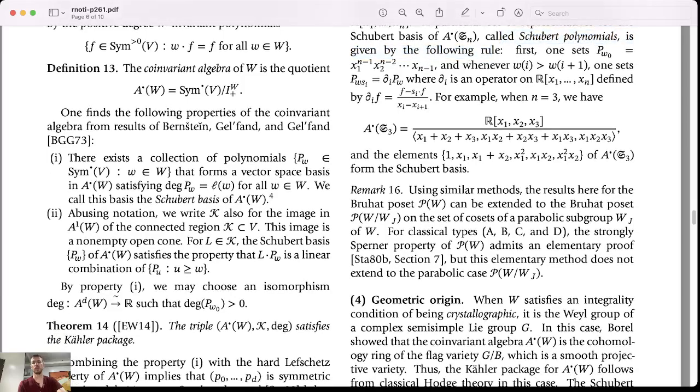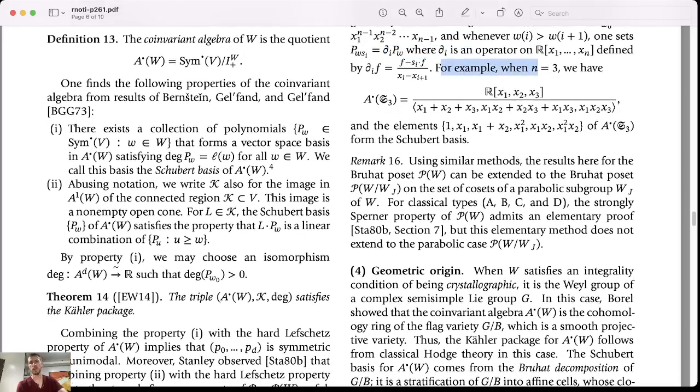And whenever w(i) is bigger than w(i+1), one sets P_{w s_i} equals ∂_i of P_w, where ∂_i is an operator on R[x1, …, xn] defined by ∂_i f equals (f minus s_i f) over (xi minus x_{i+1}). I wish they would tell us how they want us to pronounce that partial symbol.